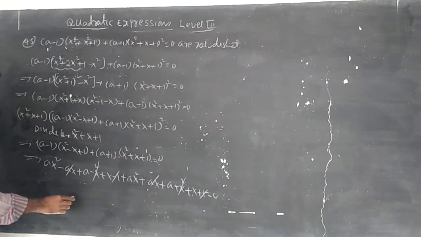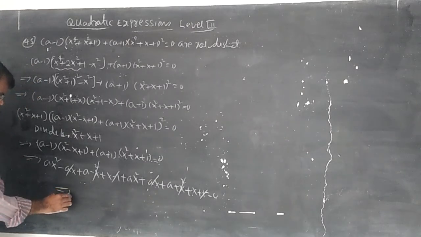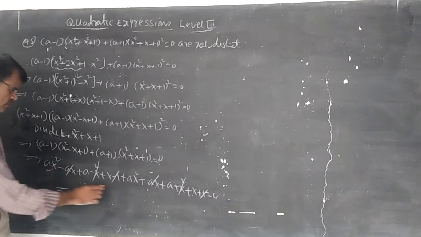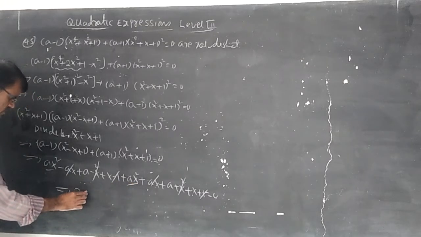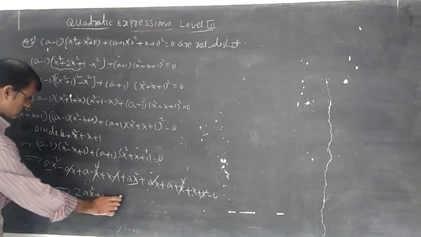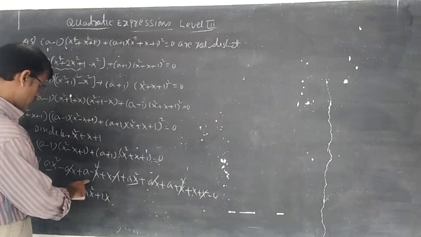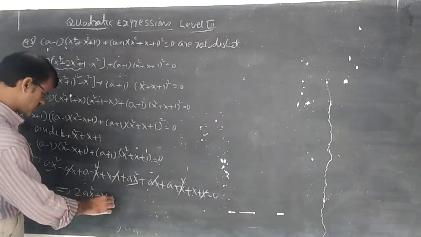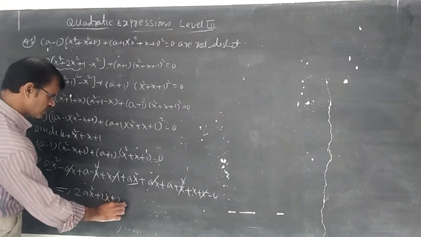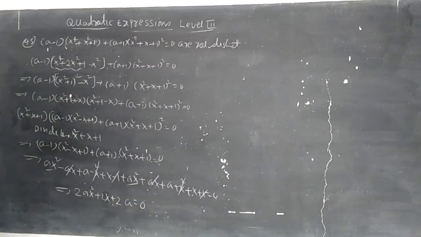Now we got 2ax square plus 2x plus 2a equal to 0.